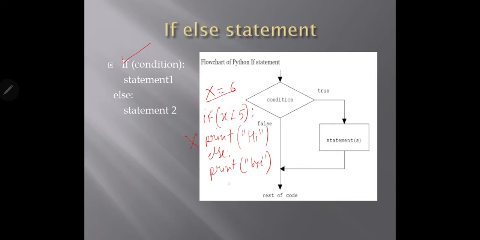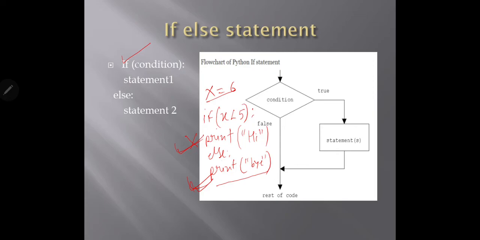But this print statement, which is printing by, will get executed, because either this one or this one will get executed since we are using the if else statement. So if else is a very simple conditional statement which helps us to execute certain statements based on a particular condition.